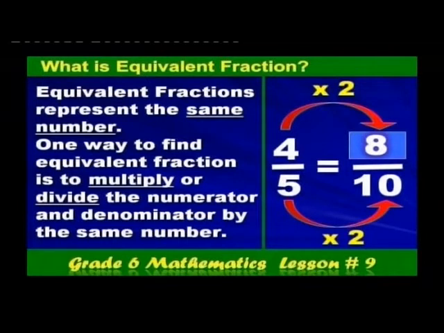I will repeat. 4/5 is equivalent to 8 over 10. When you are trying to find an equivalent fraction to another fraction, remember the number that you use to multiply the numerator must be the same number that you will use to multiply the denominator of a fraction.